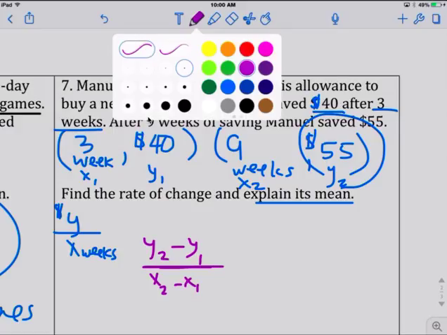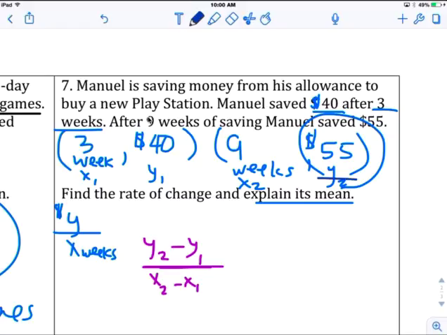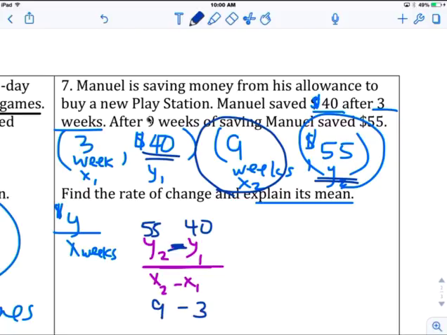Y2 is the 55 minus y1, which is 40. And then x sub 2 is 9 minus the 3. So you get 15 over 6, which can be divided by 3, which is 5 over 2.